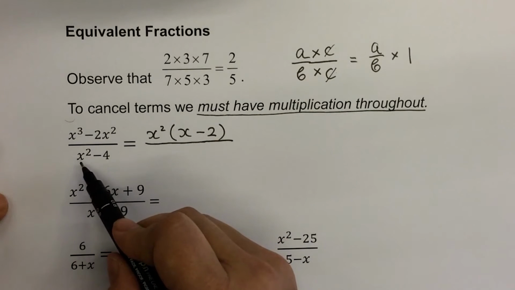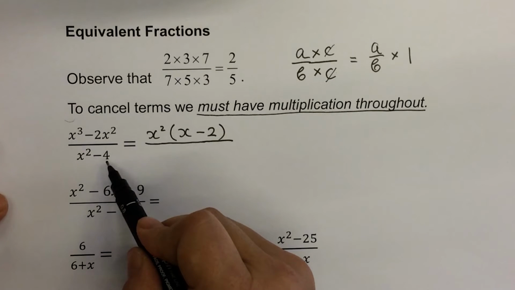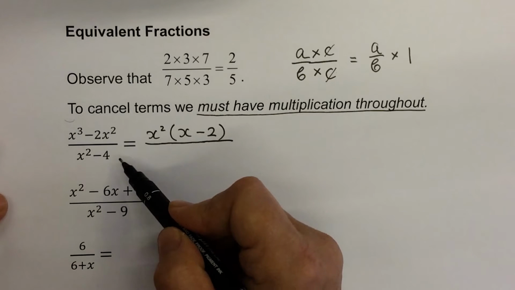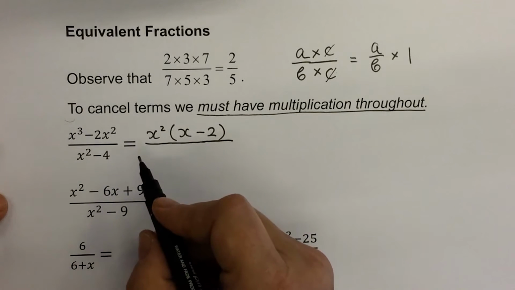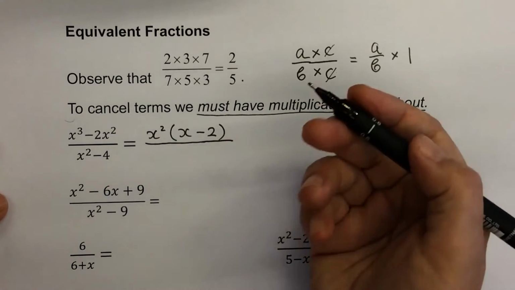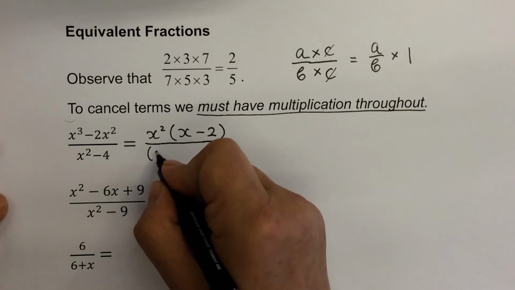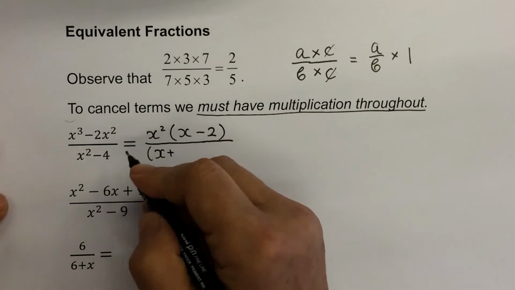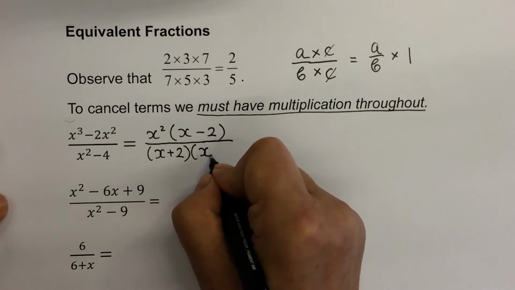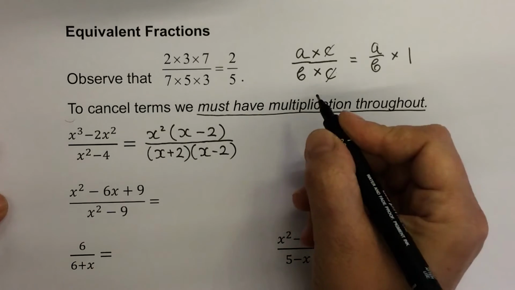Denominator, okay, we have x² minus 4, which is 2². Hence we can apply the difference of squares formula, which is x plus the second term, which is 2, times x minus the second term, which is 2.